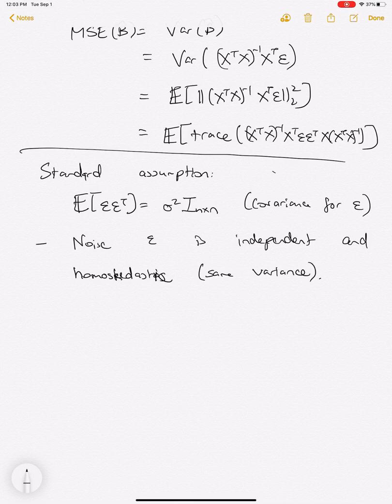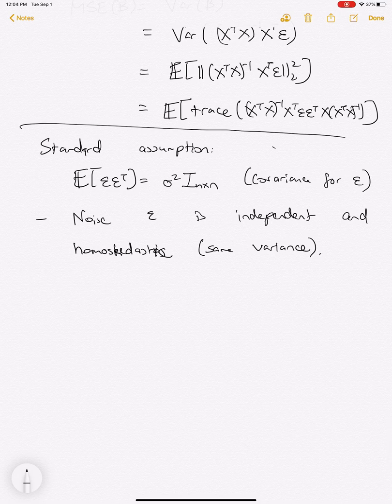You'll get a homework exercise where this is varied a little bit, where we'll have independence but not homoscedasticity. But this is an assumption that will make the calculations pretty nice, and it's also a very standard assumption in practice.